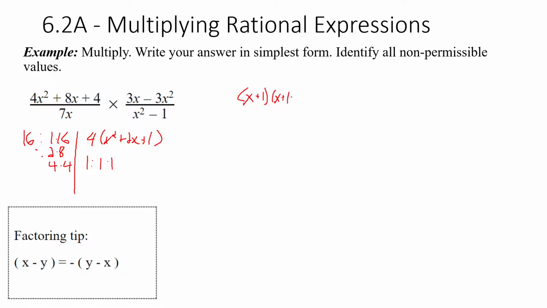Don't forget that you factored out that 4 first. And then this next term here, this 3x minus 3x squared, you can factor out a 3x from these two terms, and you'd be left with 3x times 1 minus x.